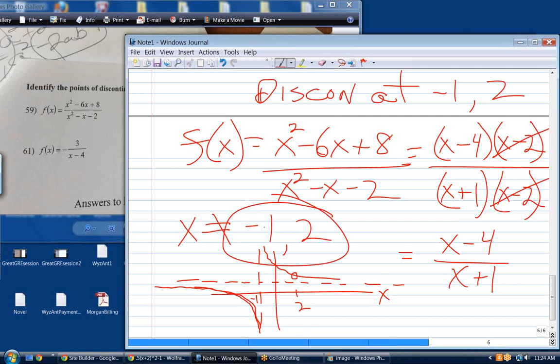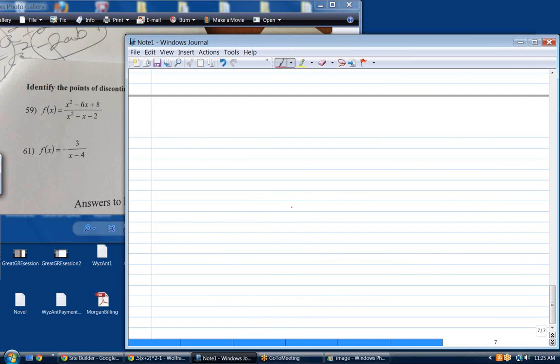X can never be equal to -1, and it can never be equal to 2. There's no way to draw the function through those two points. And that's what makes for a discontinuity. Got it. All right.